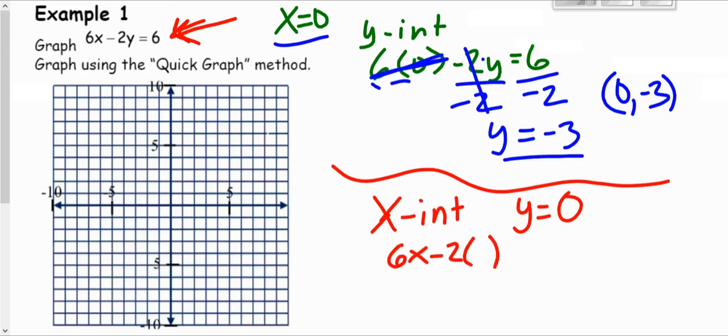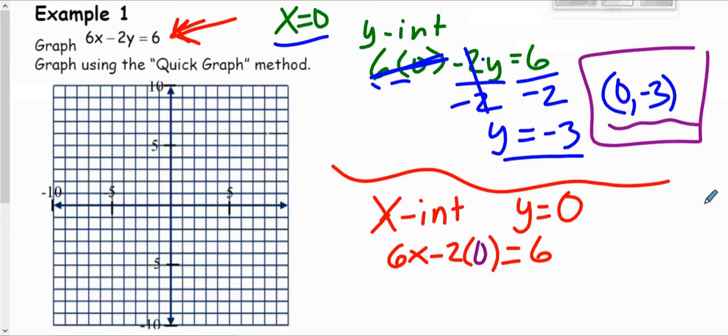I'm going to take out the y, plug in 0, and then we simplify. Okay, what is negative 2 times 0? It's 0, and so it cancels. So then we're left with 6x equals 6. We're going to divide by 6, and we get x equals 1.